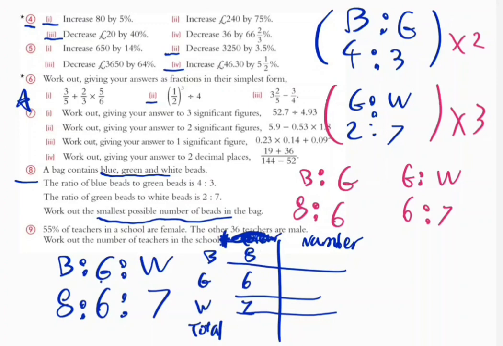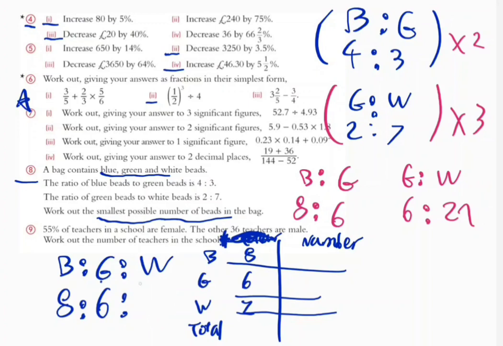So let's just add all of these, and that gives me 8 plus 6 is 14, and 14 plus, okay, before I add them I just need to correct myself, because here I forgot to multiply 7 by 3. So that gives me 21, and then here should be 21.